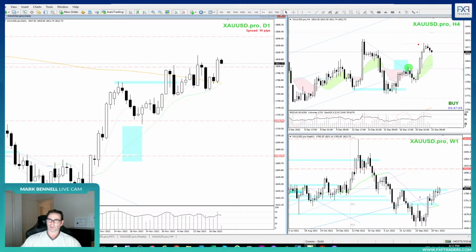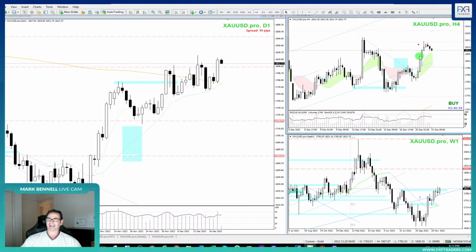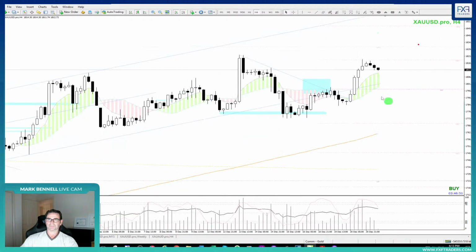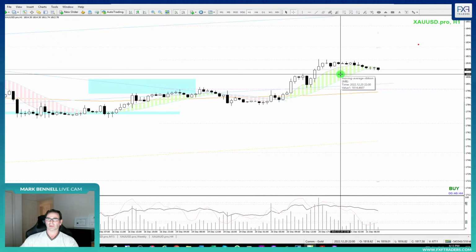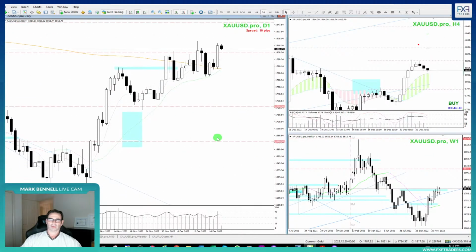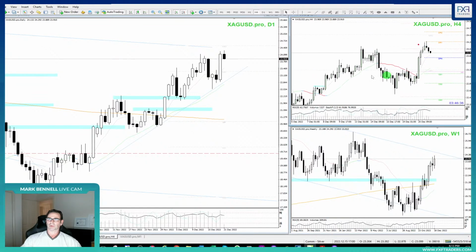We wanted to see the move back above this level. This has happened all very quickly. Don't know whether anyone found anything in there. Let's just have a quick look. It's just a single leg pullback. That was all. The silver's moved as well, which is good.